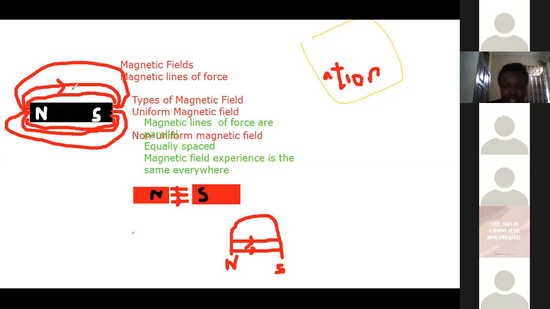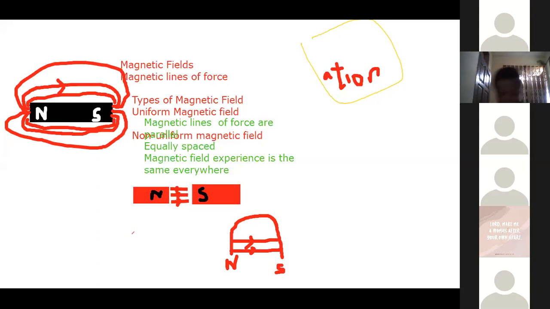Next week, or our next meeting, we are going to talk about magnetic flux and flux density, and we are going to do calculations. We are going to consider Fleming's left-hand rule and Fleming's right-hand rule. We will also talk about torque on a rectangular coil in a uniform field and do some calculations there.